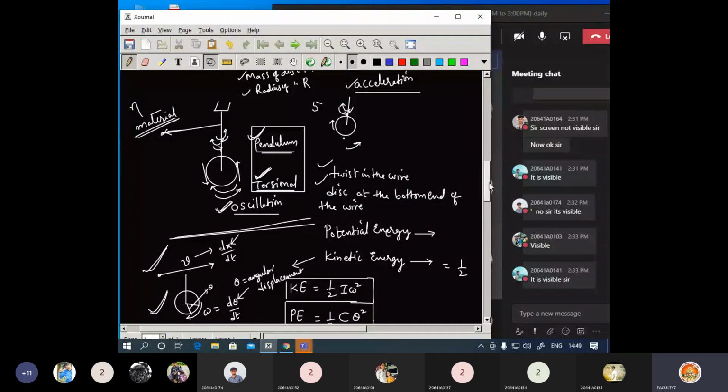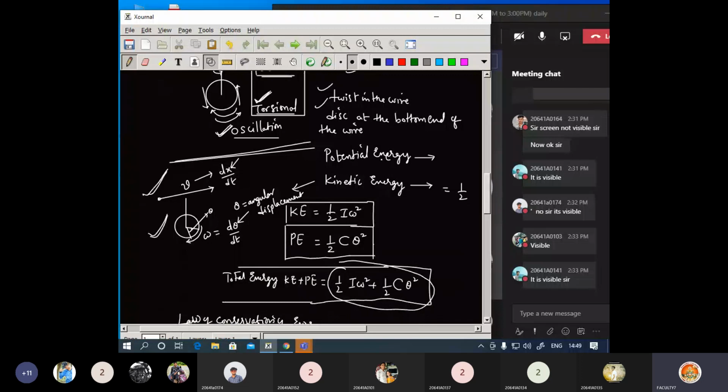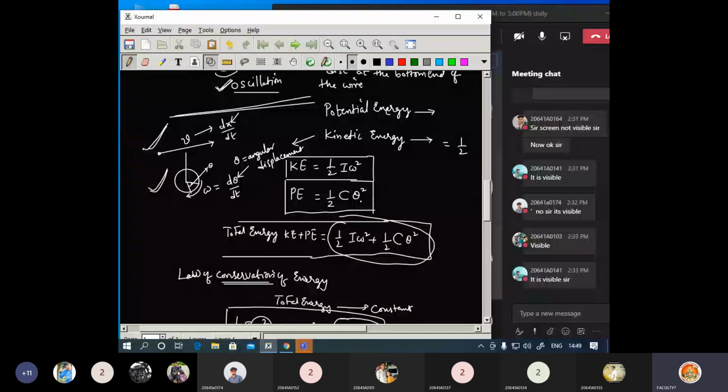Now we are going to find the energies, the potential energy and the kinetic energy. The potential energy is due to the angular displacement theta, and the kinetic energy is due to the disc that was hanged. Here I is the moment of inertia of that particular disc.